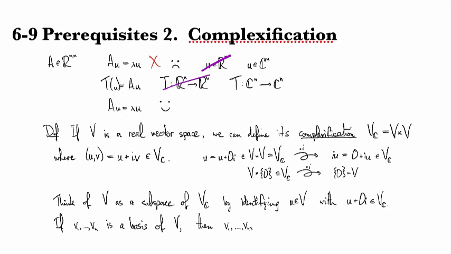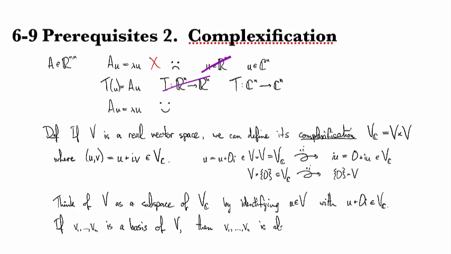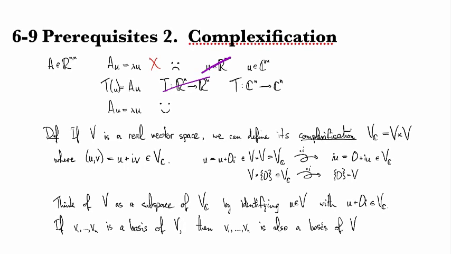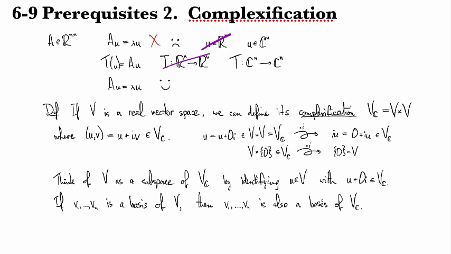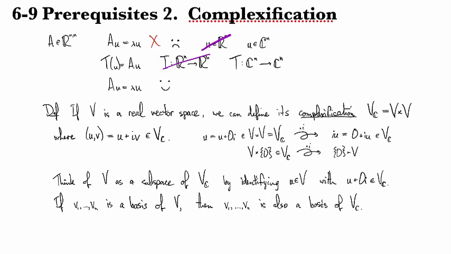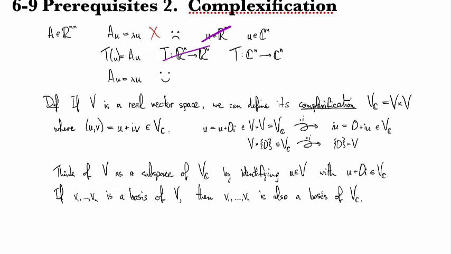So what do we need for our basis? Well, nothing. We've already got one. So a basis for V is also a basis for the complexification of V, because for the complexification you're allowed to have complex scalars, and that allows you to take those basis vectors wherever you need them to be. And along with the complexification of V, we can also complexify an operator.